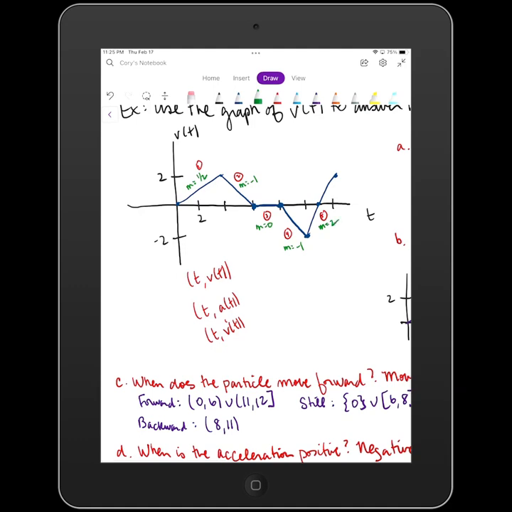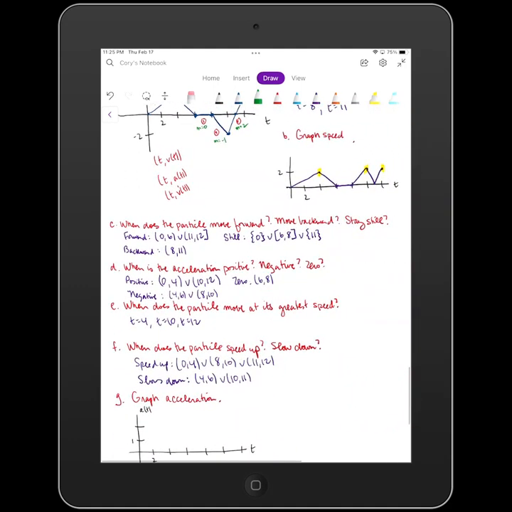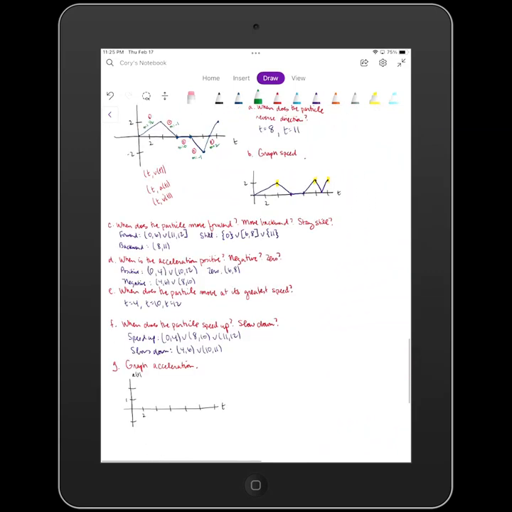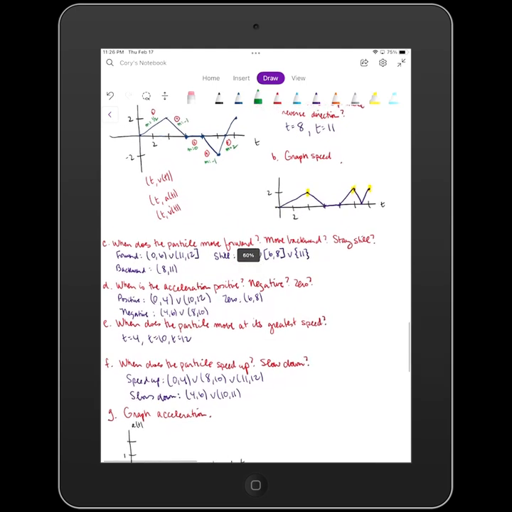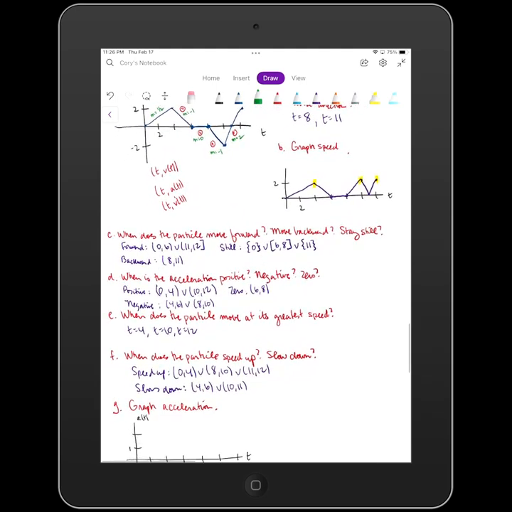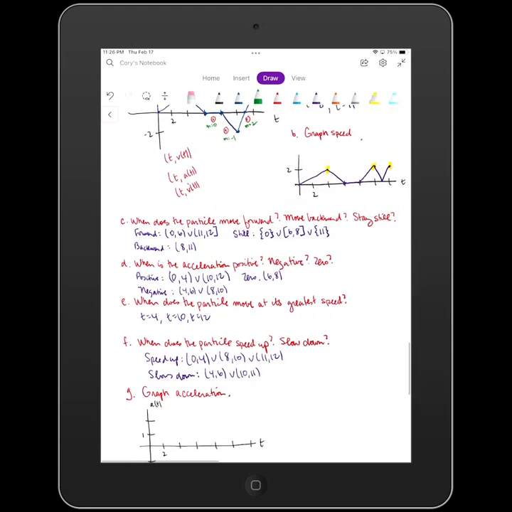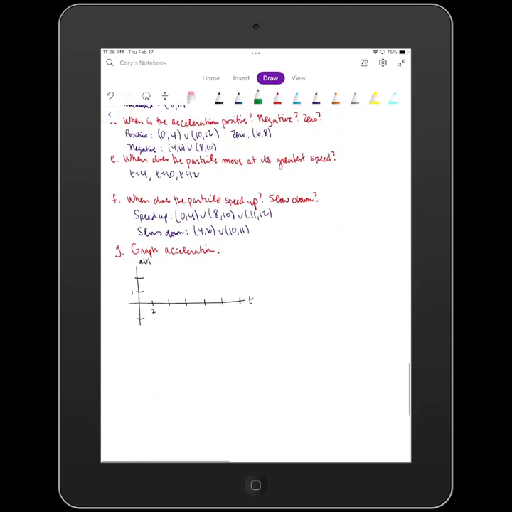Okay, so once we have the slopes for each of those segments, that's going to give us the y-coordinates for all of those points in between those t values. So in between the t values of 0 and 4, the slope is 1/2. So that means that the y-coordinate of every single point between 0 and 4 is going to be 1/2.